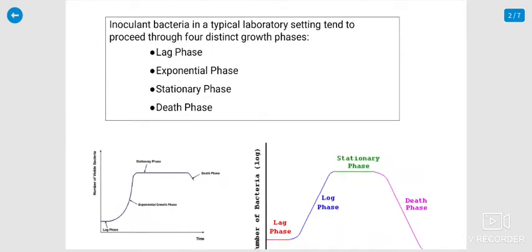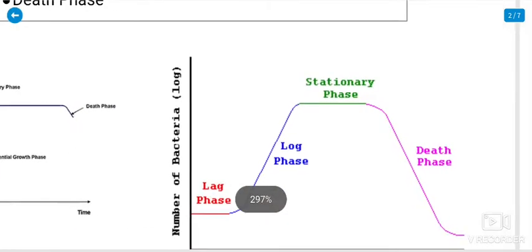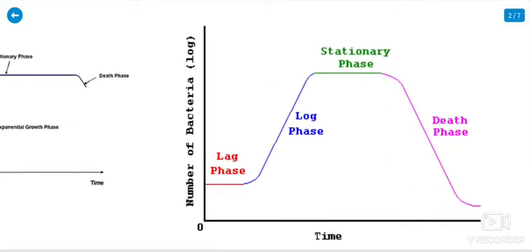The inoculated bacteria in a typical laboratory setting tend to proceed through 4 distinct growth phases: lag phase, exponential phase, stationary phase, and death phase. The pictures show the timeline of the bacterial growth curve: the lag phase, the log phase, the stationary phase, and the death phase.